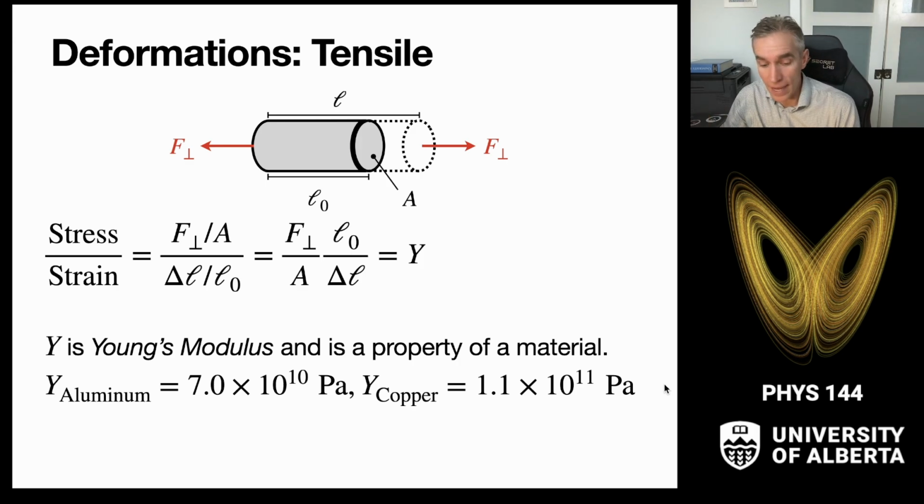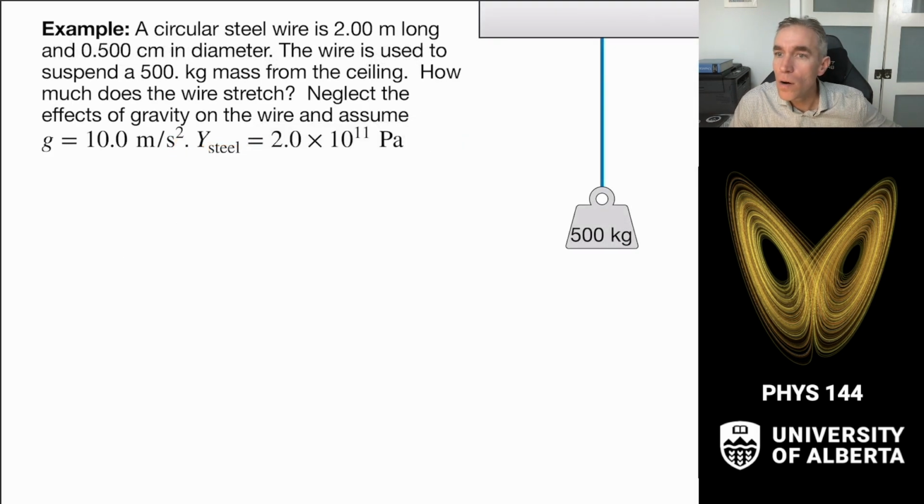Okay, so how do we go through and apply this? Well, we have an example here with a weight that is suspended from a ceiling. So we have a ceiling up here. We have a 500 kilogram weight. It's attached through a circular steel wire, that's this part here, with a diameter of 0.50 centimeters.